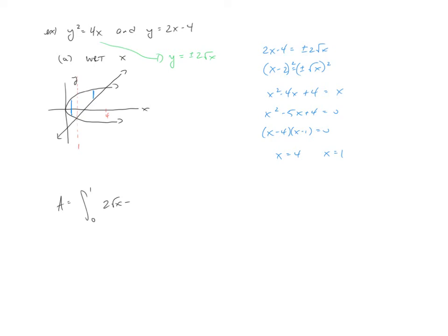The bottom would now be our negative 2 root x. So minus a negative 2 root x dx, plus the second one, which would now be our 1 to 4. On the interval 1 to 4, our top is going to be the top half of the parabola, so 2 root x, minus the bottom, which would be that line at 2x minus 4. Once again, a dx.